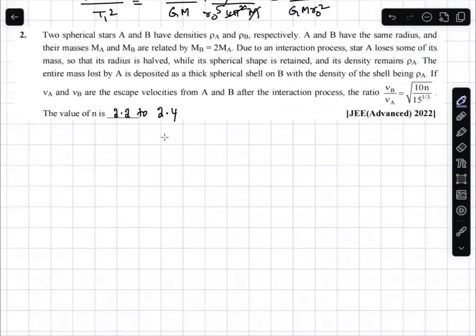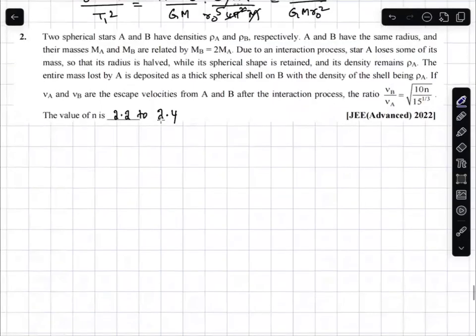This was a difficult question at that time, 2022. A very difficult question actually. So read the question carefully. Two spherical stars A and B having densities rho A and rho B respectively.